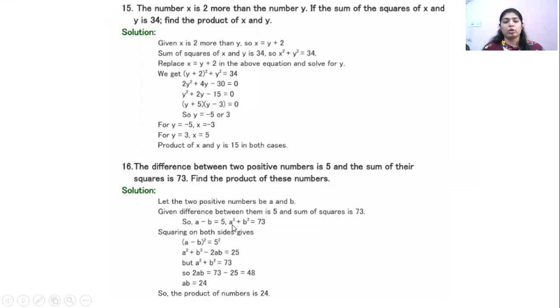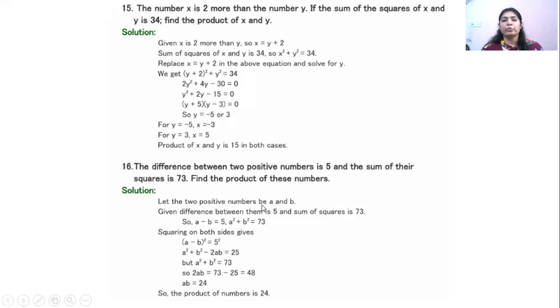Now put the value of a square plus b square, 73. 25 when it changes its sign from right to left will be negative, and 2ab when it goes from left to right will be positive. So 2ab is equal to 73 minus 25, which is 48. 2 into 24 is 48, so ab is equal to 24. This is the easiest method.